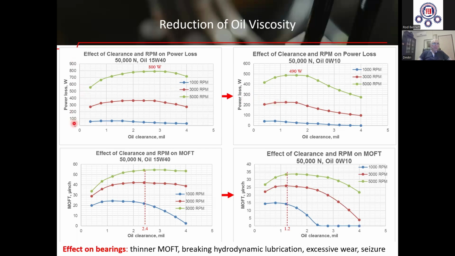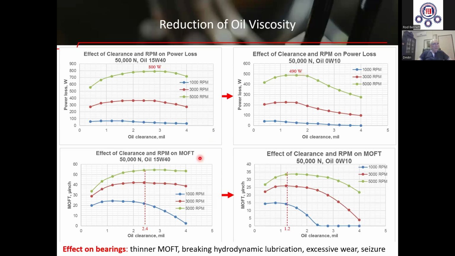This axis is power loss, and this is the axis of oil clearance. You can see that the maximum power loss with the 15W40 oil in the bearing is about 800 watt. But if you use the oil 0W10 in the same bearing, the maximum power loss is 490 watt.